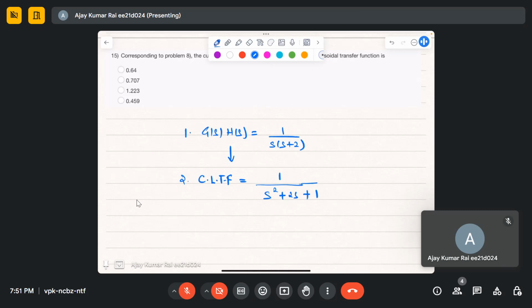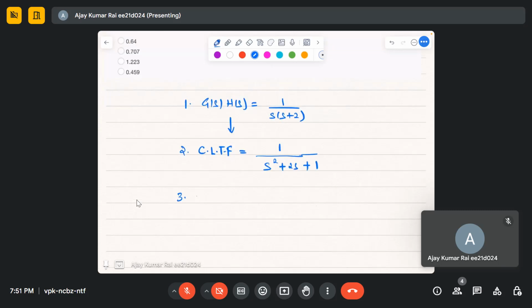First is open loop transfer function, second we derive closed loop transfer function, and third step is plot the Bode plot of closed loop transfer function to find the cutoff frequency.